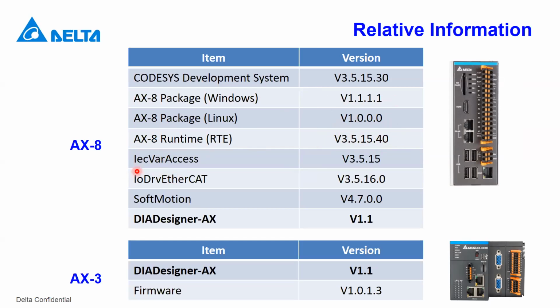Okay. And then come to the IEC variable access. This one, please remember to use this version. And for the IO drive, EtherCAT, please also use this version. And come to motion, please also update to 4.7. And why do you need to update to this version?